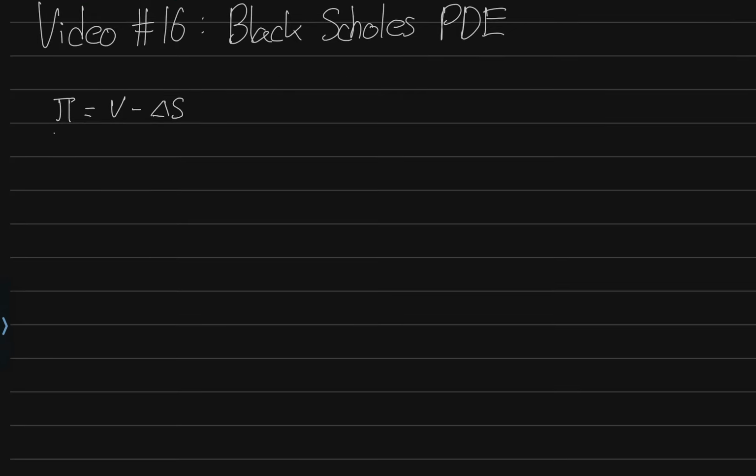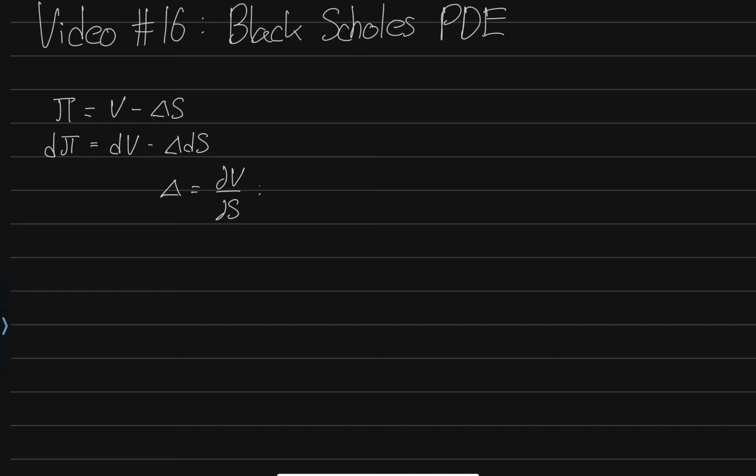And what we did was we found the change in that portfolio as the change in our financial derivative minus a delta amount of the change of our underlying asset. And further, we assign delta as the partial derivative of our financial derivative with respect to our stock.